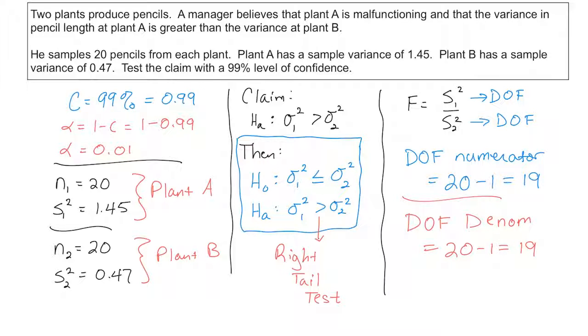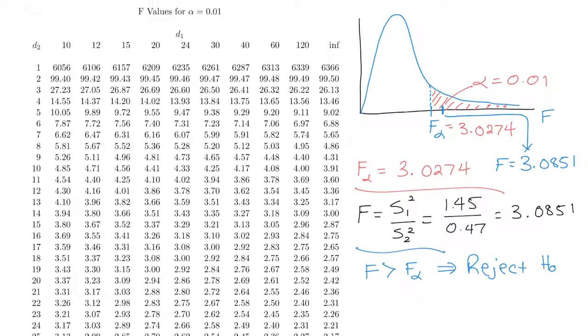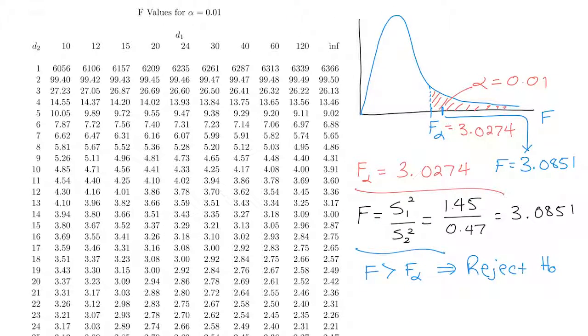But as I've said through all of these problems and all of the hypothesis testing, it all depends on the level of significance or the level of confidence. So we can reject this null hypothesis at this level of significance. If we change the level of significance, or if we change the samples, or if we change any of these numbers even a little bit, it might change the result. The hurdle that we have to jump over is F alpha, 3.0274 right here.